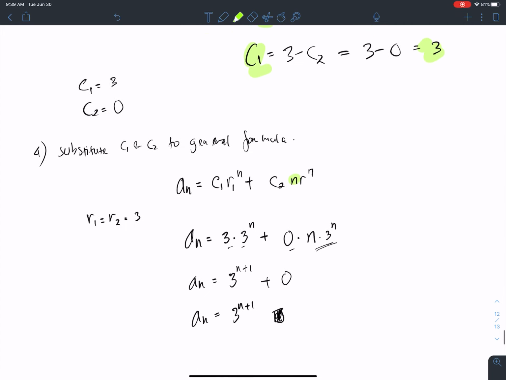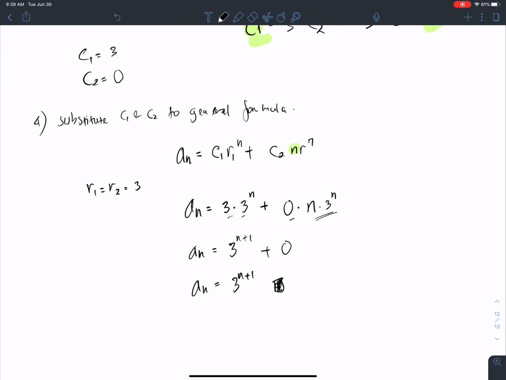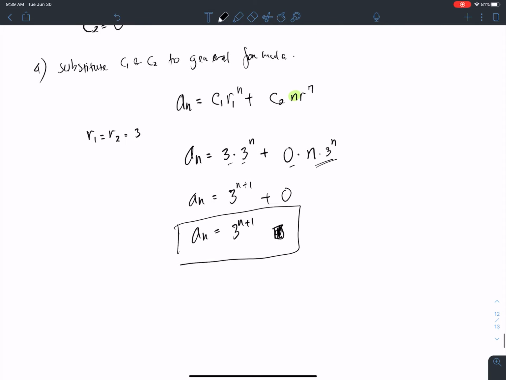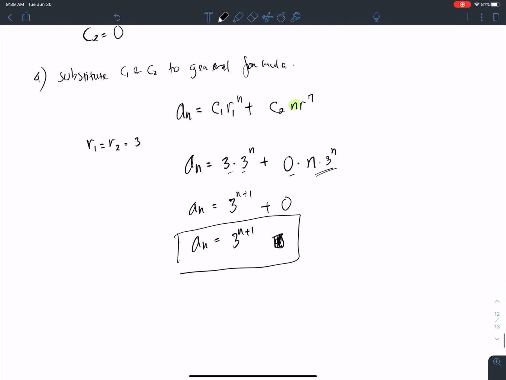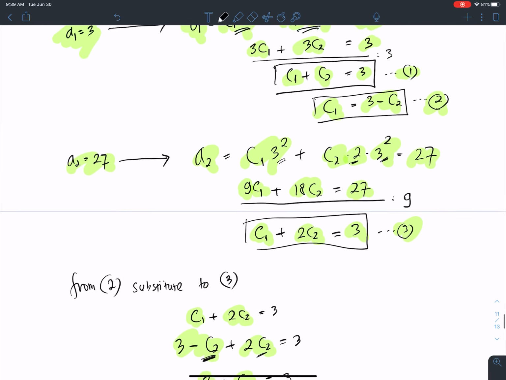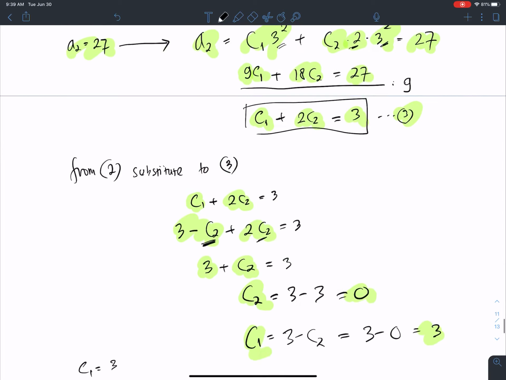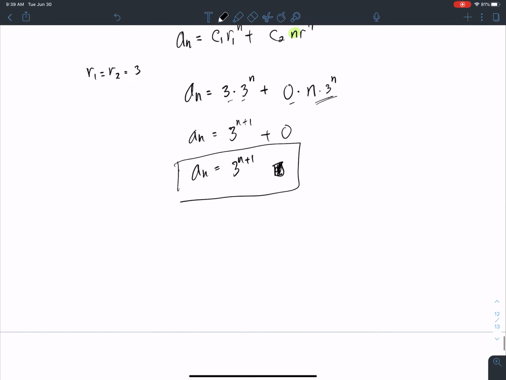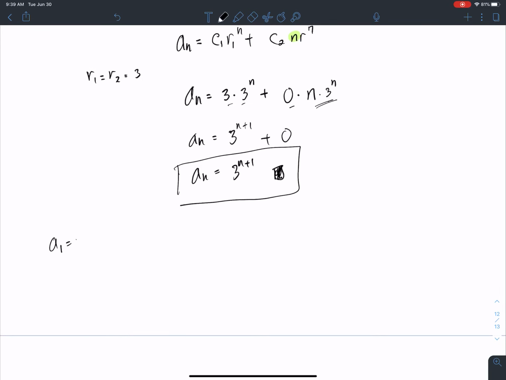Alright, so okay, we got this final. Let's just prove whether it is correct or not. So we check with this one. We have A1 and A2 already calculated. So A1 is 3, A2 is 27.